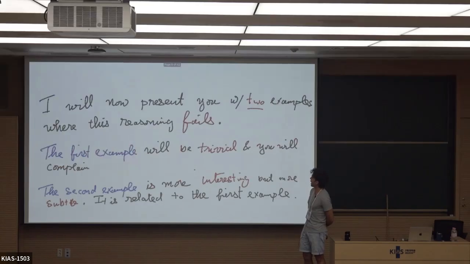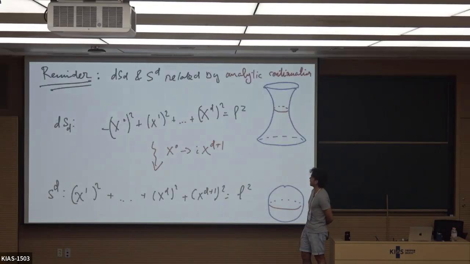So I'm now going to present you with two examples where this reasoning fails. The first is going to be trivial, and some of you will complain, which is why I have the second example. Okay? Before I go on, I just want to leverage this fact that de Sitter is very close to a sphere.